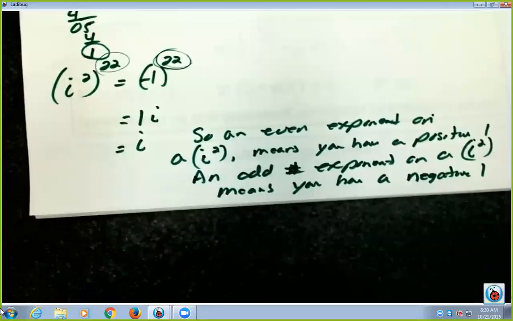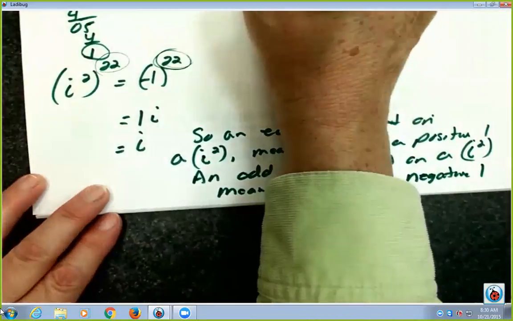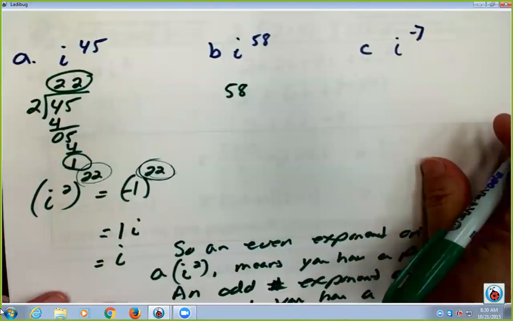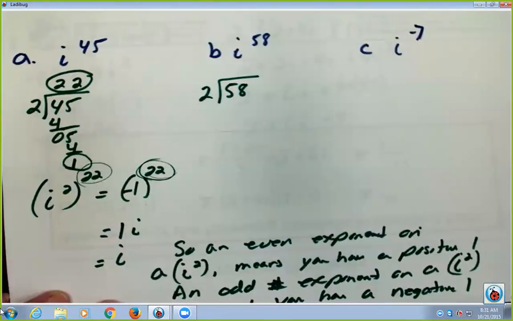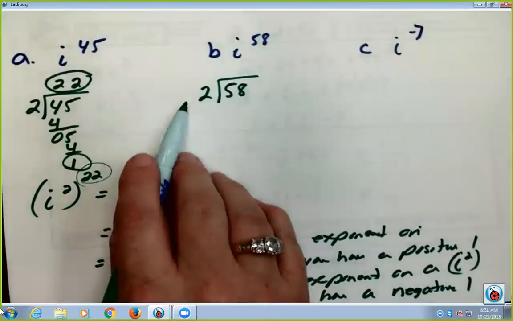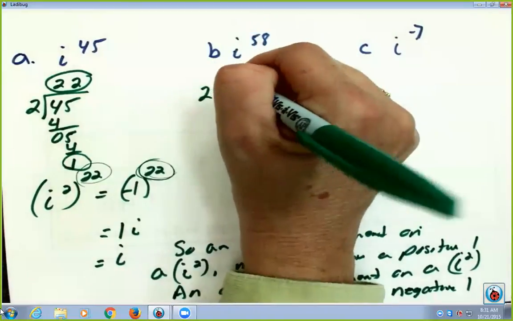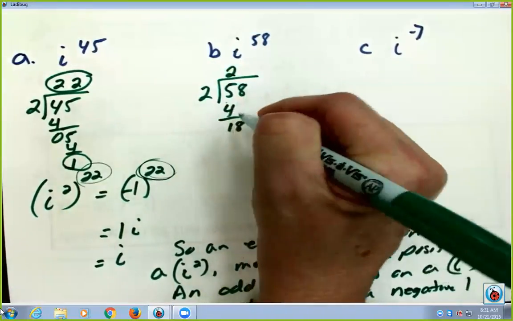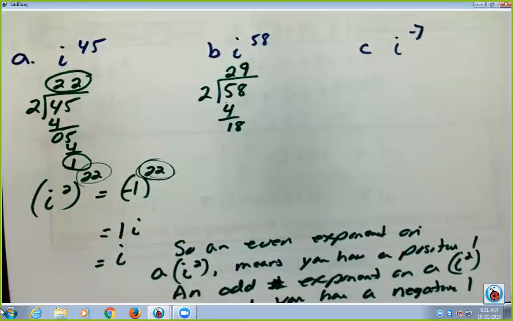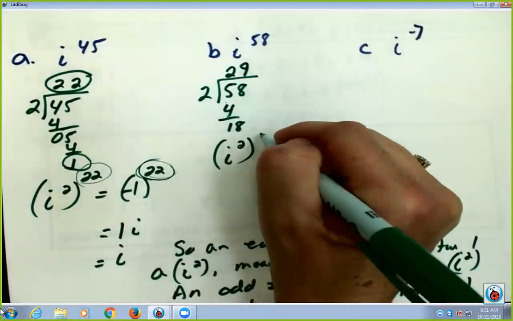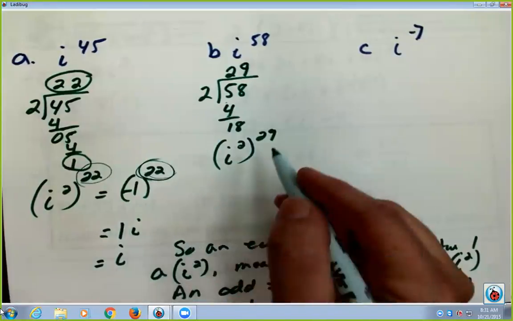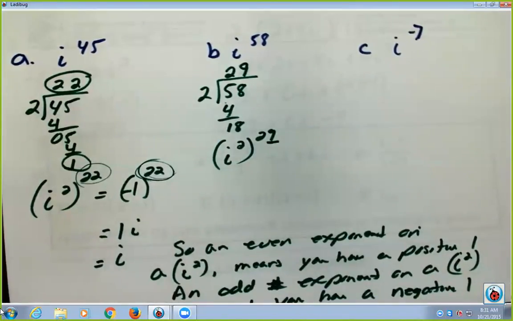So what happens with 58? If I have i to the 58th power, divide it by 2. How many times does 2 go into 58? 2 goes into 5 twice. 2 goes into 18 9 times. So I really have i squared to the 29th power, making it odd.